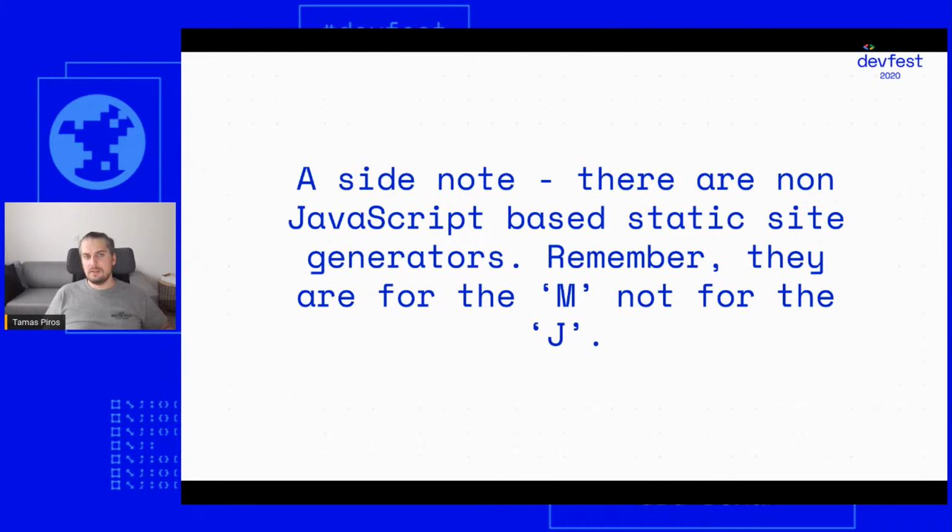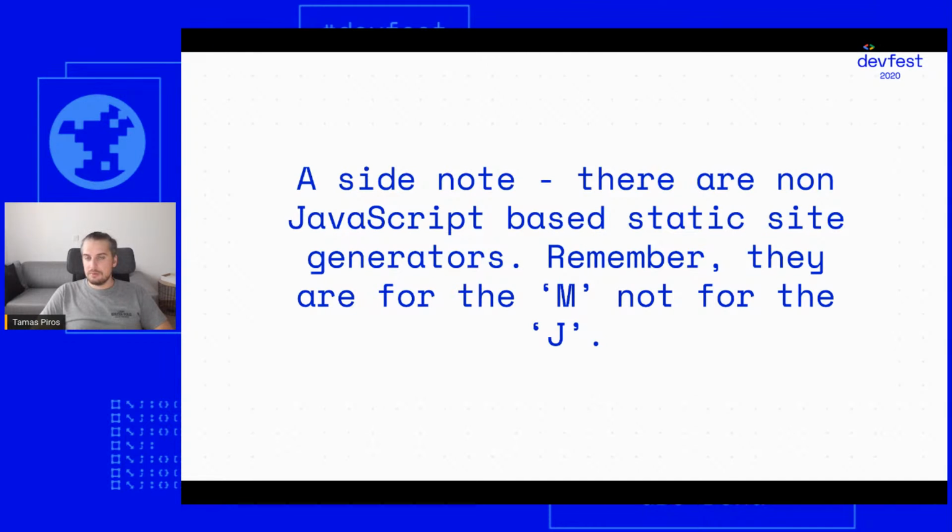It's important to remember that static site generators are related to the markup bit, the M of the Jamstack, not the J, because what tool or programming language you use to generate your markup is irrelevant. What matters is that the end result should be a set of static pages, and then you use JavaScript for something else. As part of this workshop, we will talk about Gatsby, which is a React-based static site generator.